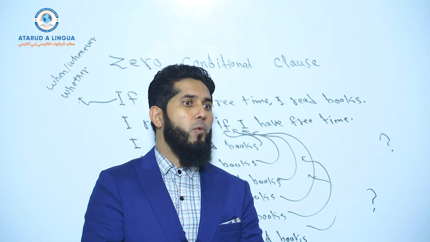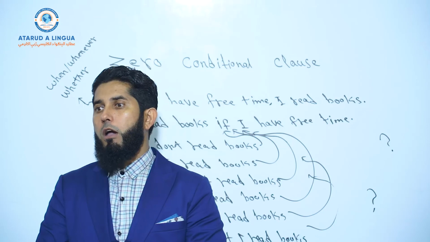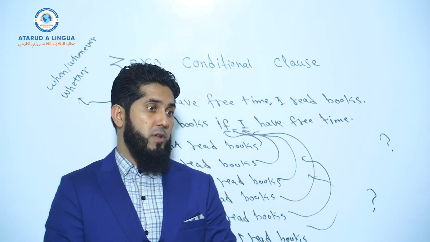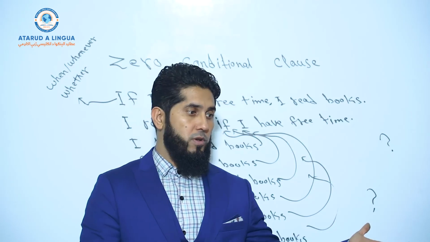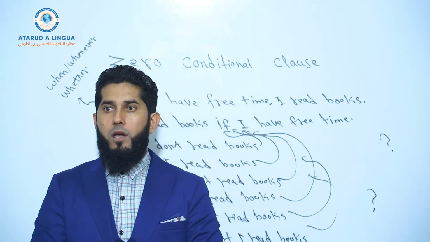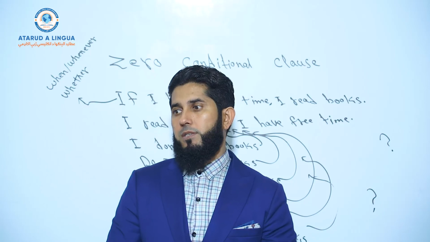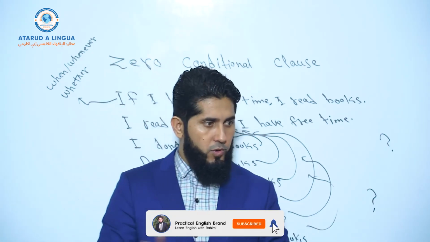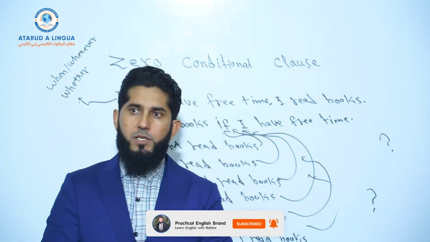Where do you go if you have free time? If you have a vacation, or for example, if you have a day off from your work, where do you go? Okay, which city do you visit if you have the chance? Okay, got the point? So this is how we will keep practicing for a while.